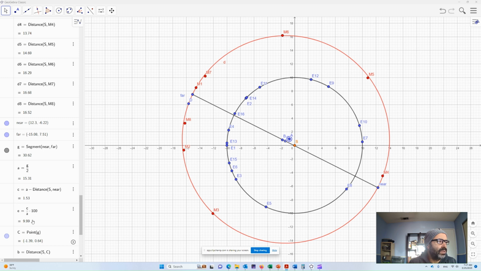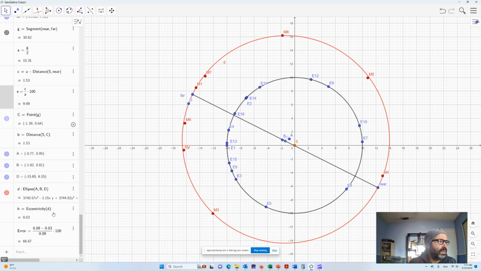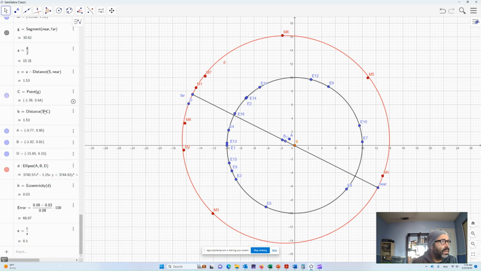So it gave me an eccentricity of 9%. Oh, I'm sorry. Why did I multiply it by 100 in here? I really don't need to multiply it by 100. Not this one. This one. I don't need to multiply. So we need just the eccentricity value. So the eccentricity is 0.01.